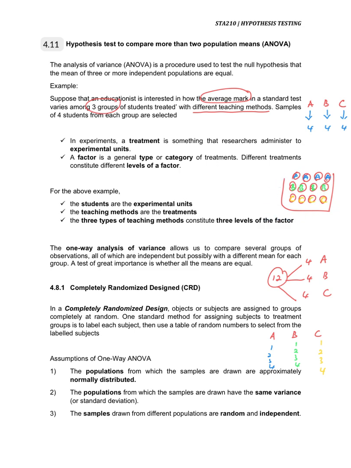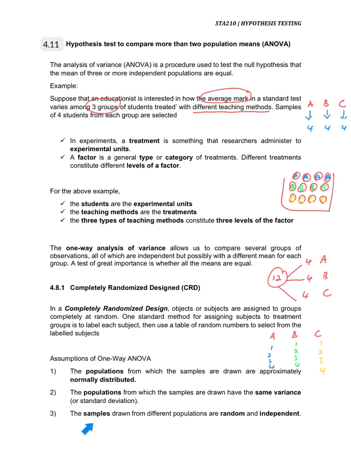Okay, the next thing that you have to understand and also remember is the assumptions of one-way ANOVA. There are 3 specific assumptions that should be fulfilled prior to conducting one-way ANOVA. The first one, the populations from which the samples are drawn are approximately normally distributed. Number 2, the populations from which the samples are drawn have the same variance or same standard deviation.